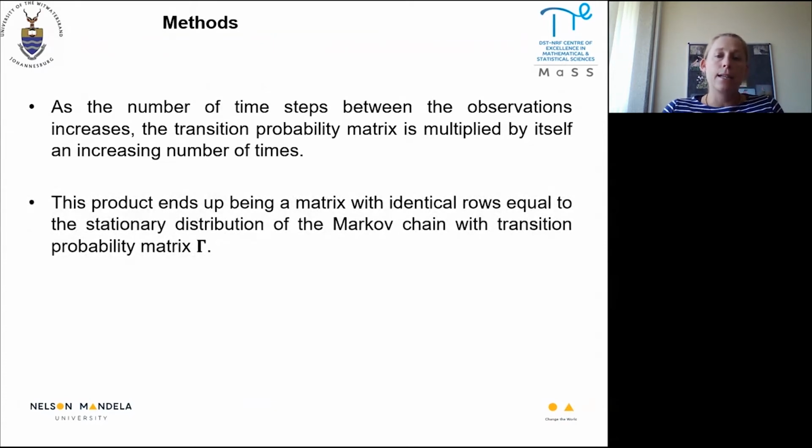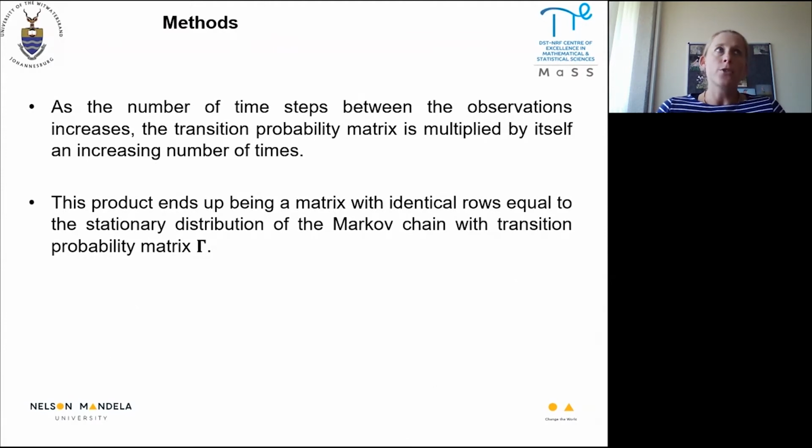And as that number increases, so as your missed time steps essentially increases, that product ends up being a matrix with identical rows equal to the stationary distribution of the Markov chain with transition probability matrix gamma.